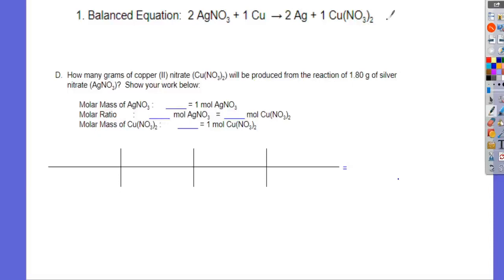Using the periodic table, I will find that the mass of silver is 107.87. The mass of nitrogen is 14.01. And the mass of my oxygen rounds to 2 decimal places as 16.00, but wait, I have 3 of them.